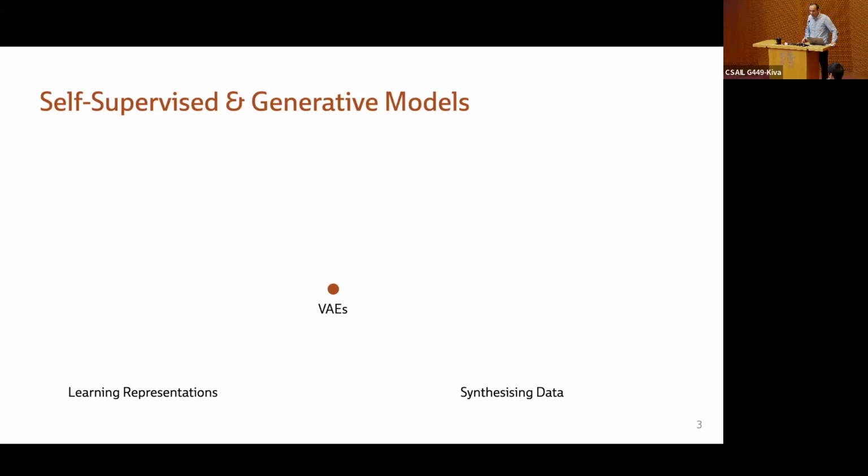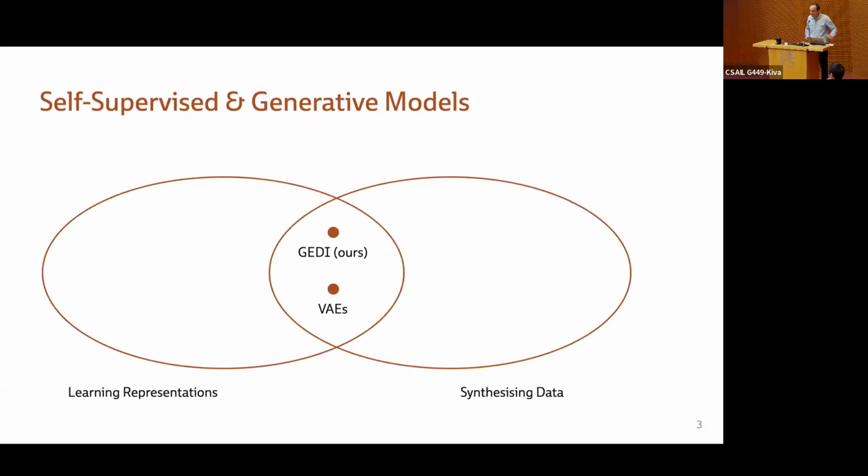Today we are going to see another family of models that satisfy these two complementary properties. The model that we are going to present is called JEDI. This just highlights that there is a more general and richer family of models, and we are going to talk about this kind of wider spectrum.